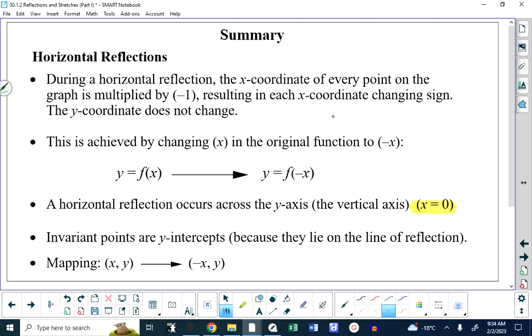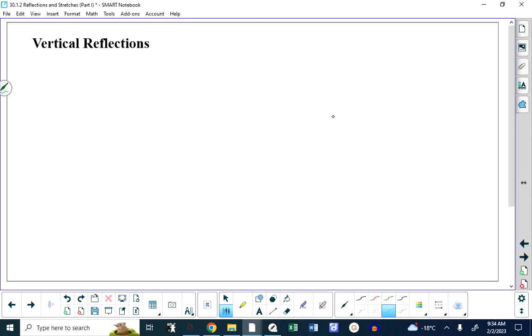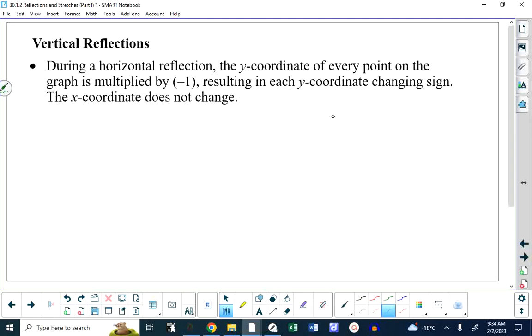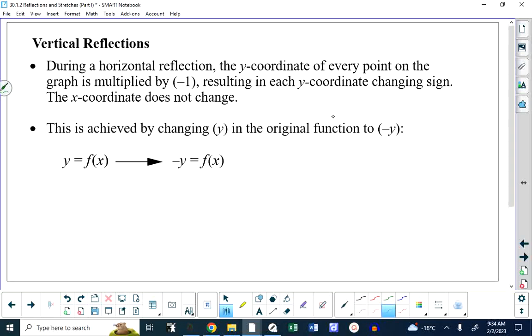Okay, it's not backwards. Vertical reflections, we multiply every y in the function by -1. The x-coordinate doesn't change, but this is accomplished by doing this. So the transformation is y equals f of x turns into negative y equals f of x, but we don't write this. We don't walk around using this language, negative y equals.